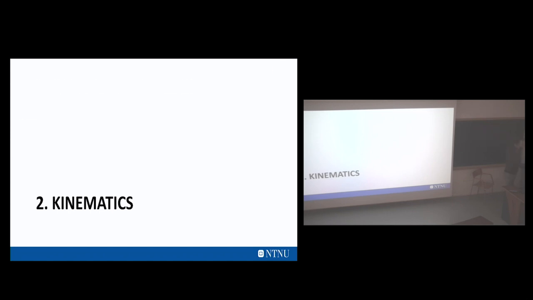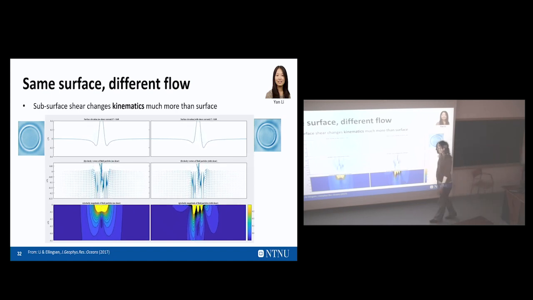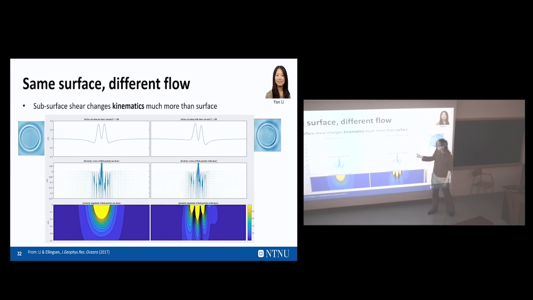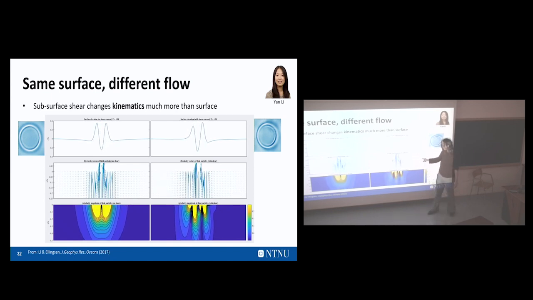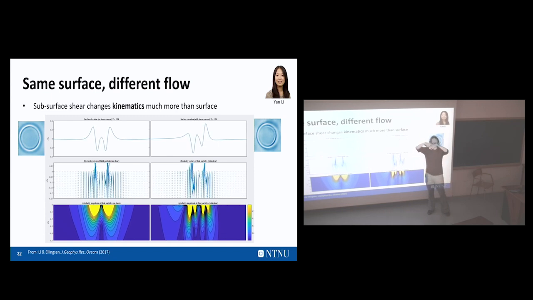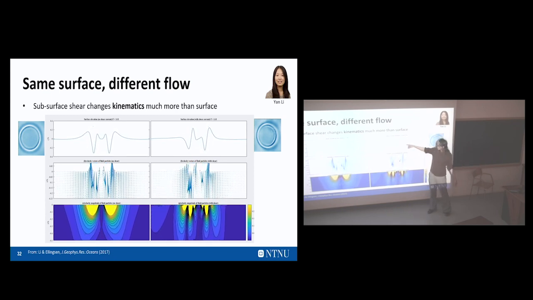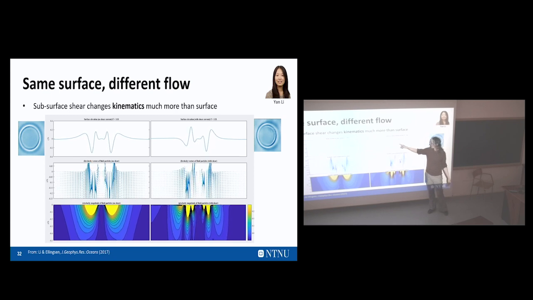Another thing is that the velocity field beneath the surface can be quite different. Here, this is an exponential shear profile. And even though here is just an initial perturbation that we allow to go out, after a while the surface really doesn't look very different.